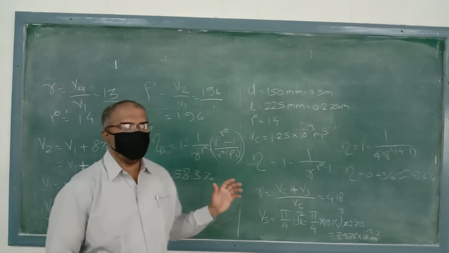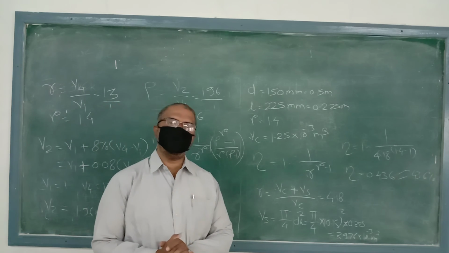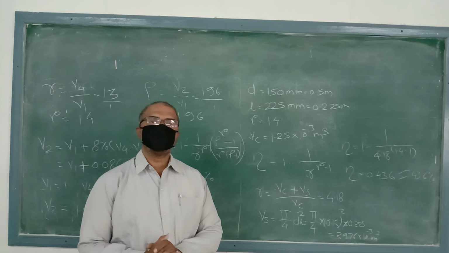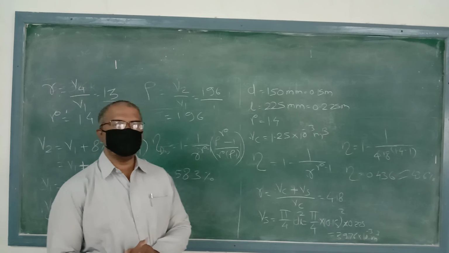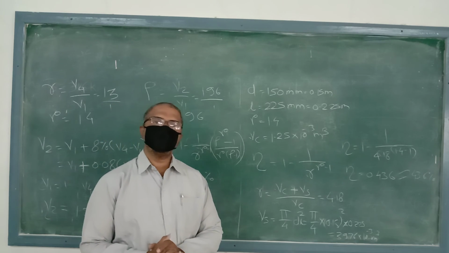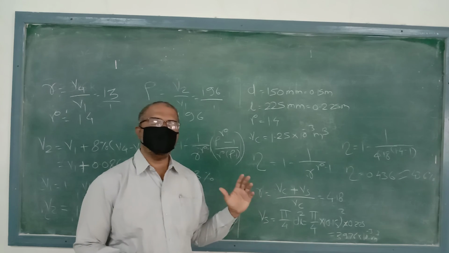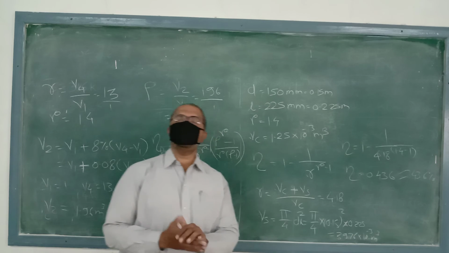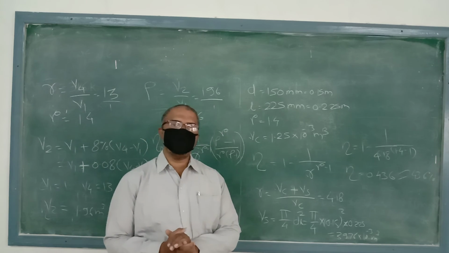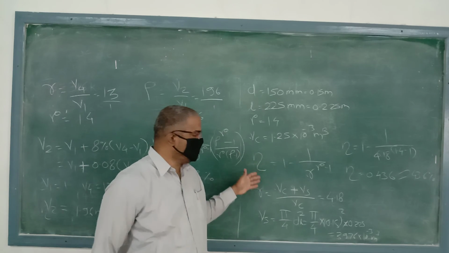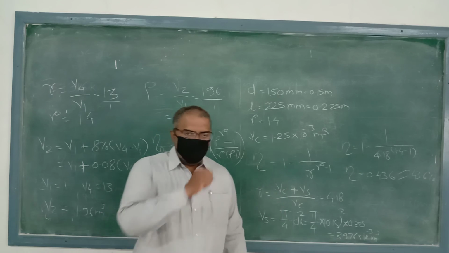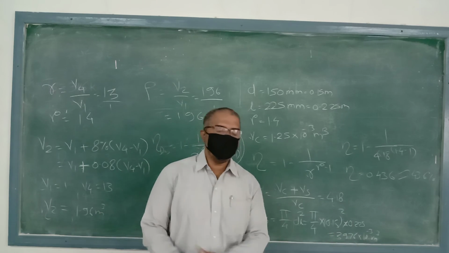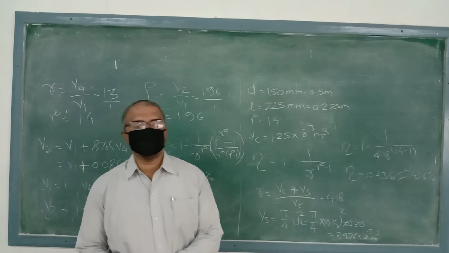In second problem again we have to calculate efficiency of the Otto cycle. So in this problem they have not again mentioned compression ratio, so we are using the values of clearance volume and the dimensions of the engine. So we are using those relations and we have found the efficiency of the Otto cycle.